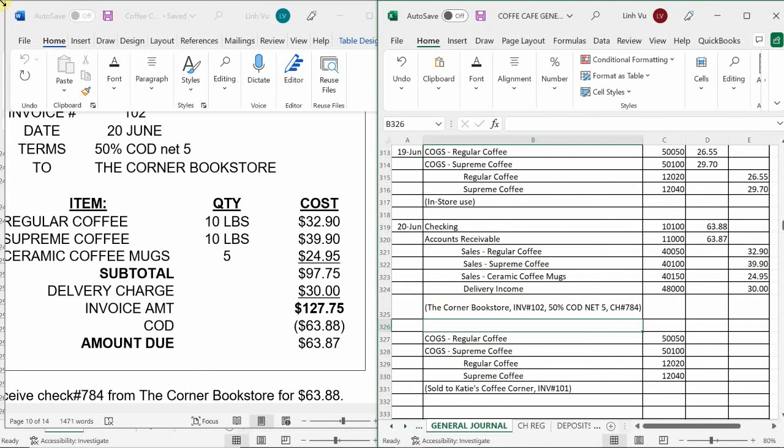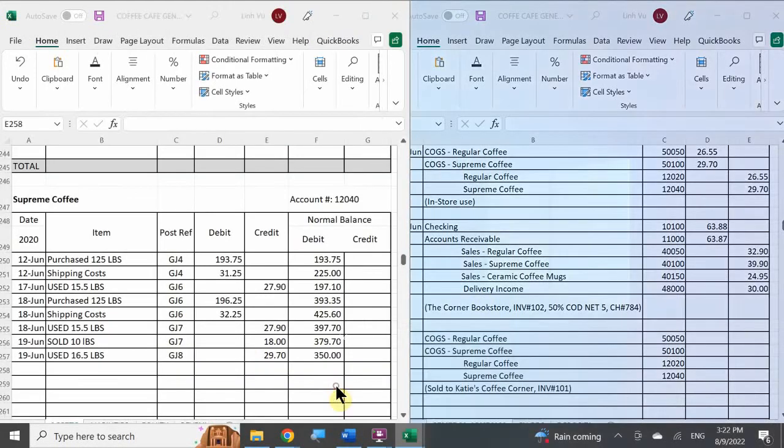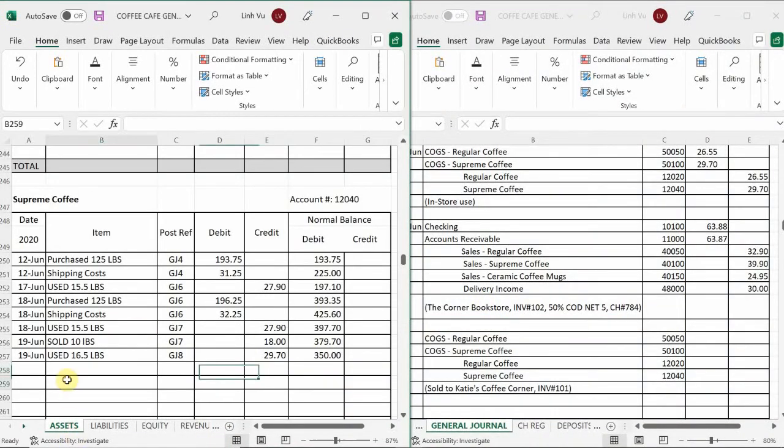And we need to update all those accounts on the general ledgers. Okay. So we start with assets and then checking.